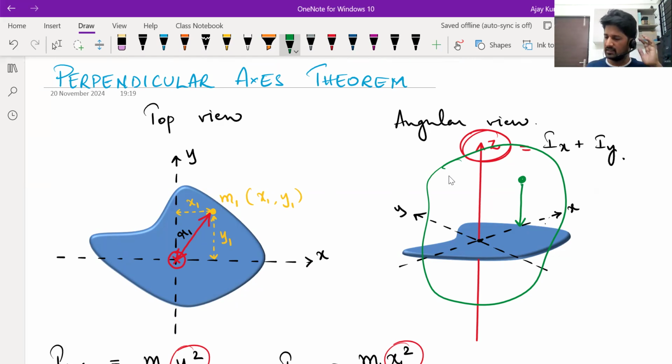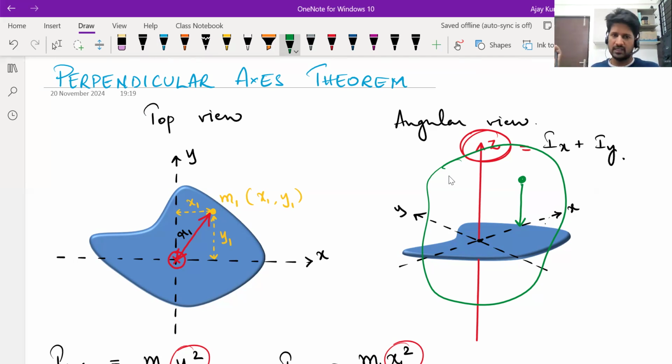Okay, anyway, this is slightly a deeper discussion. Need not worry much about it. Once you study 3D geometry, you'll understand much better. Compressing a system parallel to a particular axis won't change its moment of inertia.